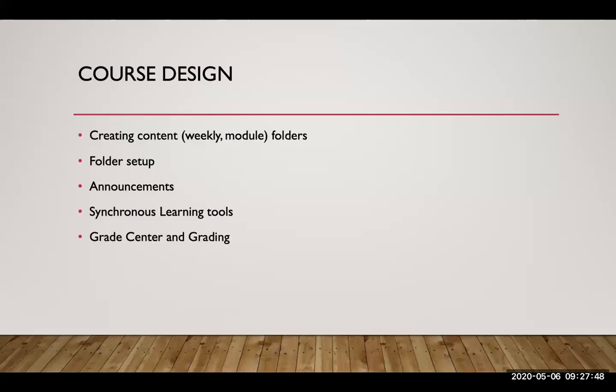Like I think I said before, anytime you have something graded, your assignments or discussions, it automatically creates a grading column in the Grade Center, so you don't have to manually create one. The only time you have to manually create a column is if you're giving them something that's not in Blackboard.